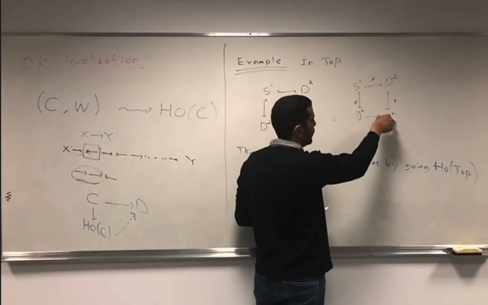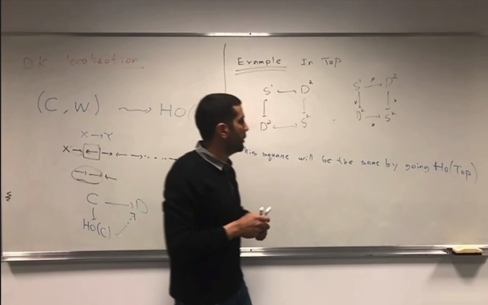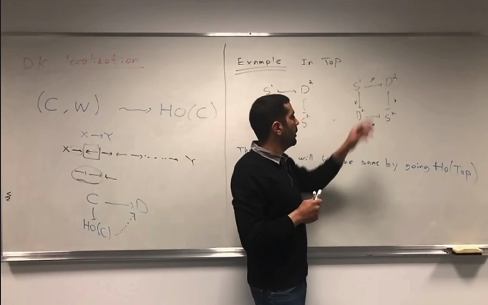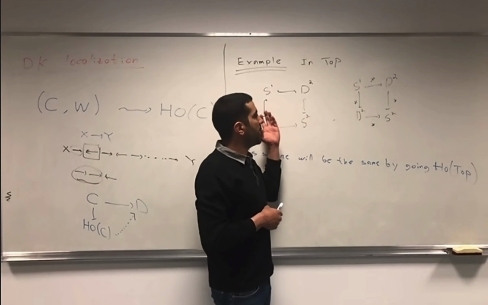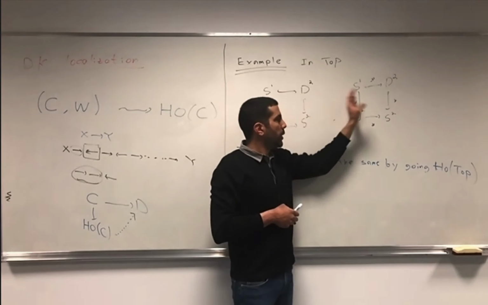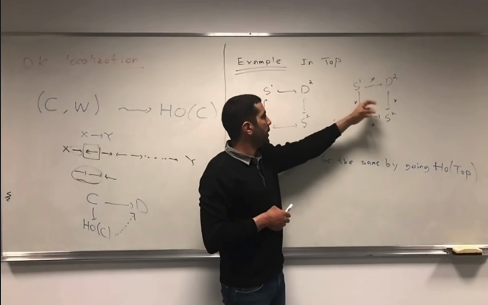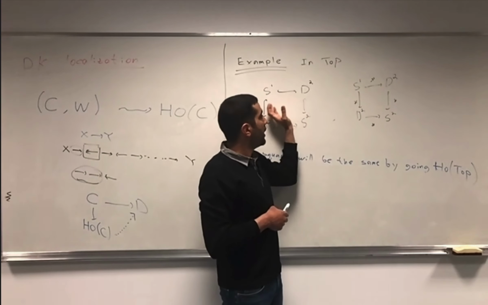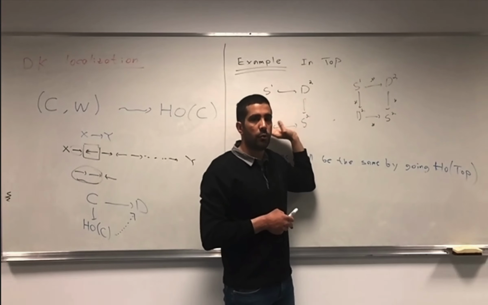I choose a unique point here, we can think of this as a pointed topological space with a fixed point. But actually, this is not the same in the real world. If we think about the world of squares, these are not equivalent. We don't have a zigzag of weak equivalences between these two squares.